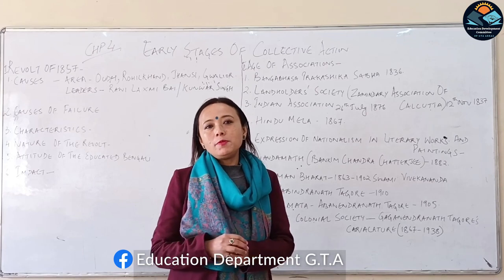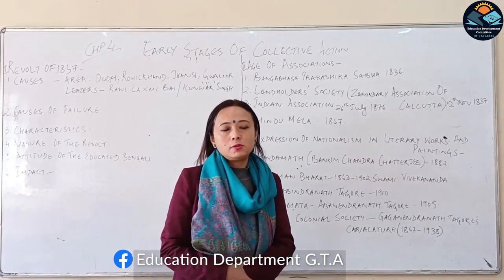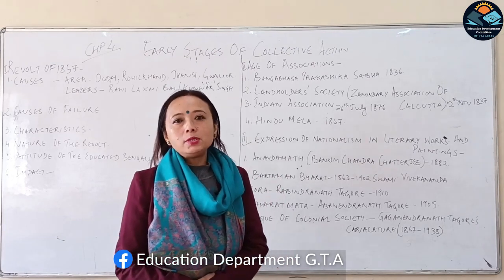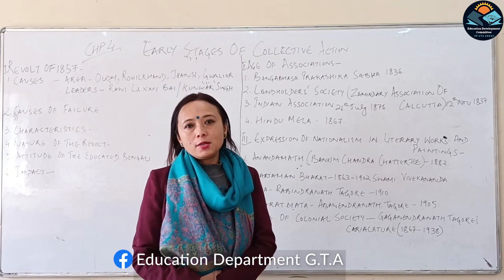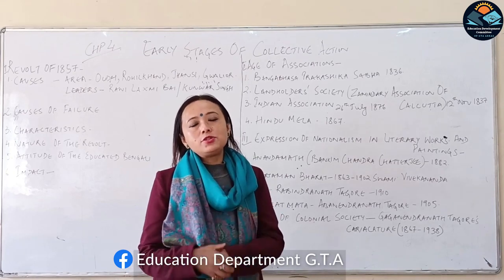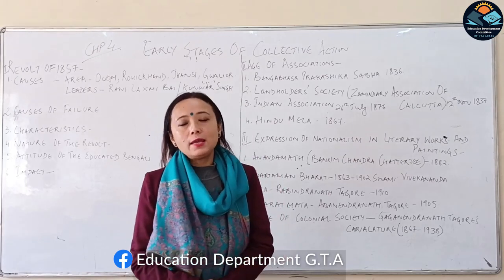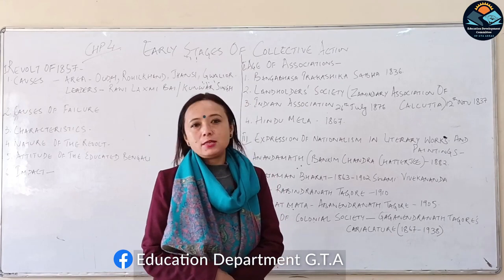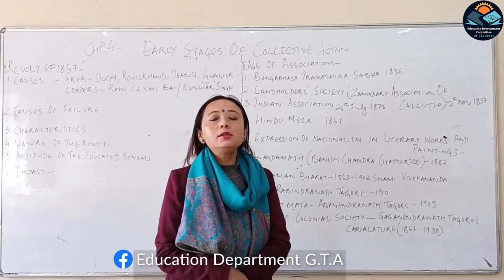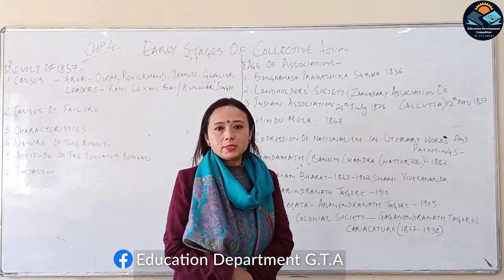And the sepoys, before firing, had to pull the cartridge with their mouth. Both the Hindu and the Muslim sepoys thought that the greased cartridge which they had to bite went against their religion, because Hindus don't eat beef, and Muslims don't eat pig. So these were the reasons.